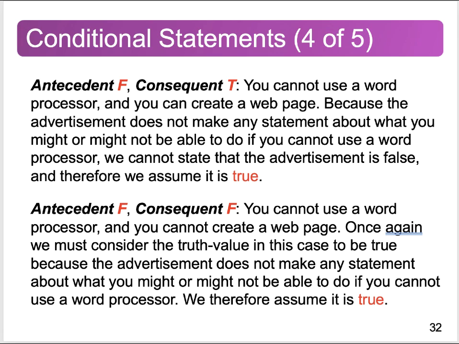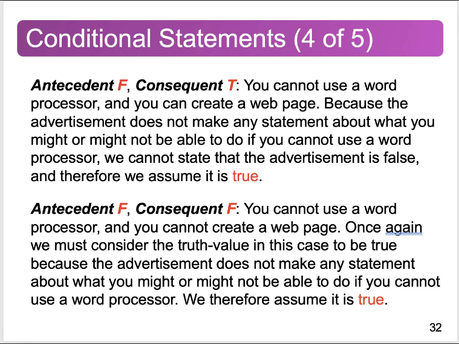So the advertisement didn't do anything incorrect. They did not cause you to have something that was false. So a false antecedent and a true consequent is just assumed to be true because no false statement had actually been made. The overall statement had not been violated.